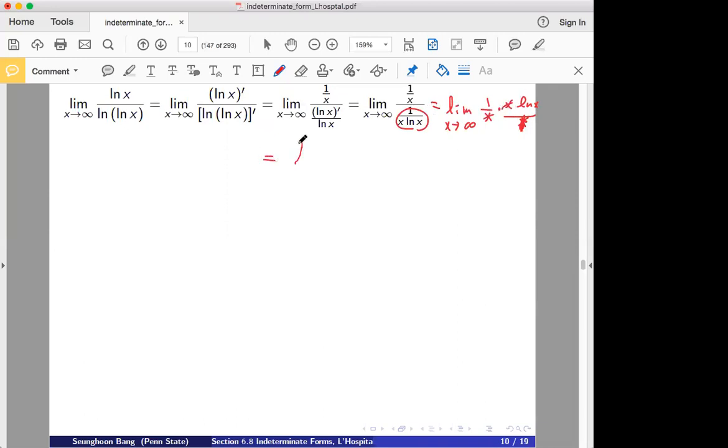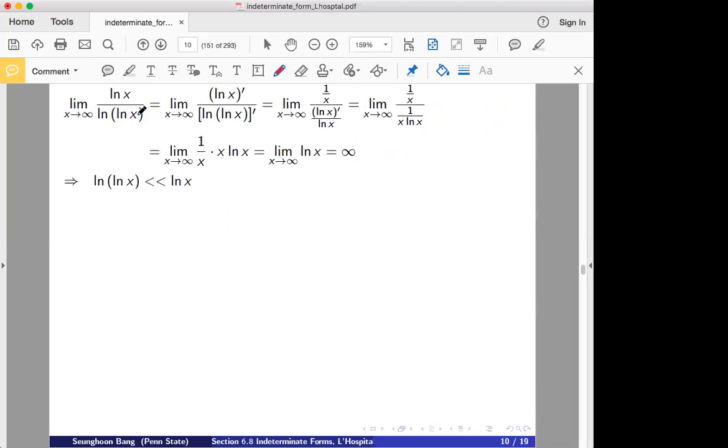Just the limit as x approaches infinity of ln of x. As x approaches infinity, ln of infinity is infinity. What does that mean? The top one is growing faster than the bottom one.